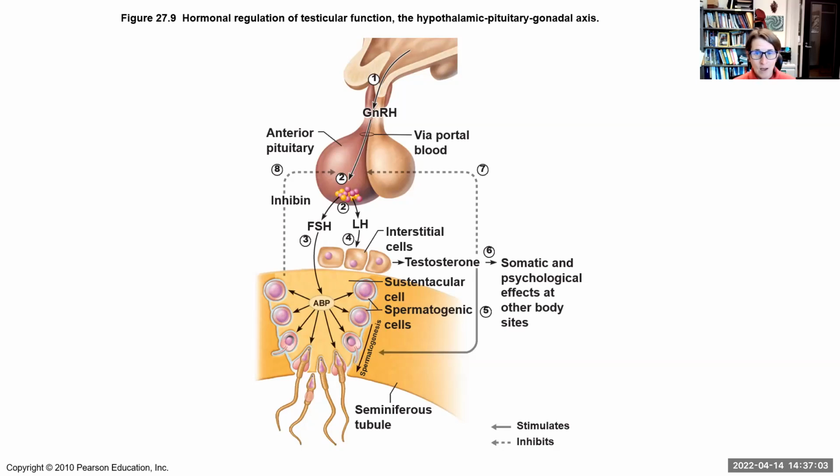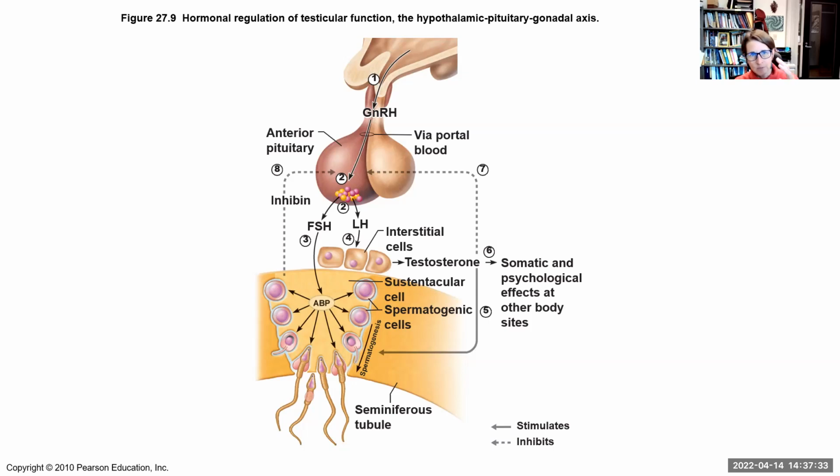And of course, during that process of developing testosterone and developing sperm, the testosterone itself acts as a negative feedback loop to both the anterior pituitary gland and the hypothalamus. Another hormone gets released from the seminiferous tubule by the sustentacular cell, called inhibin, and that's going to inhibit FSH and LH from being released from the anterior pituitary gland.